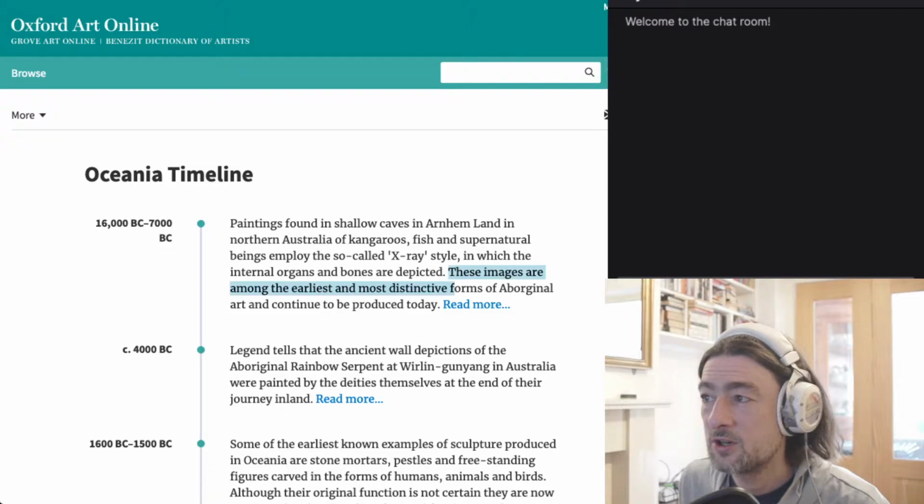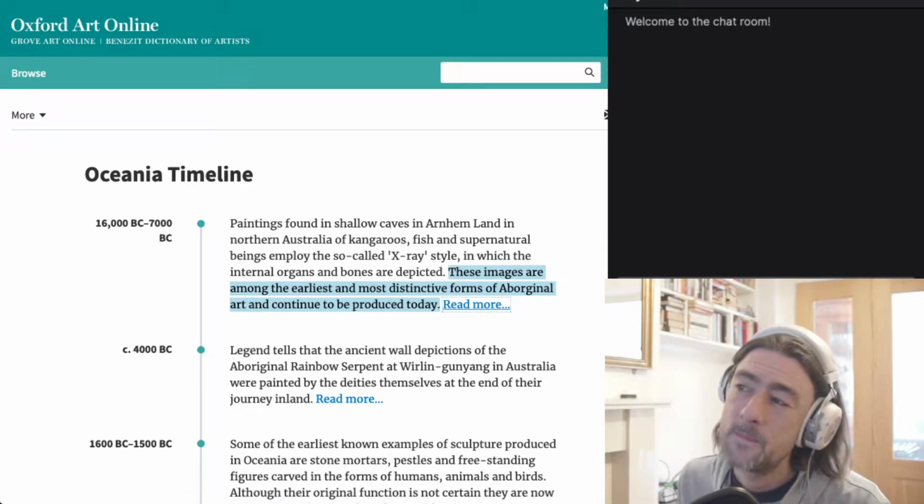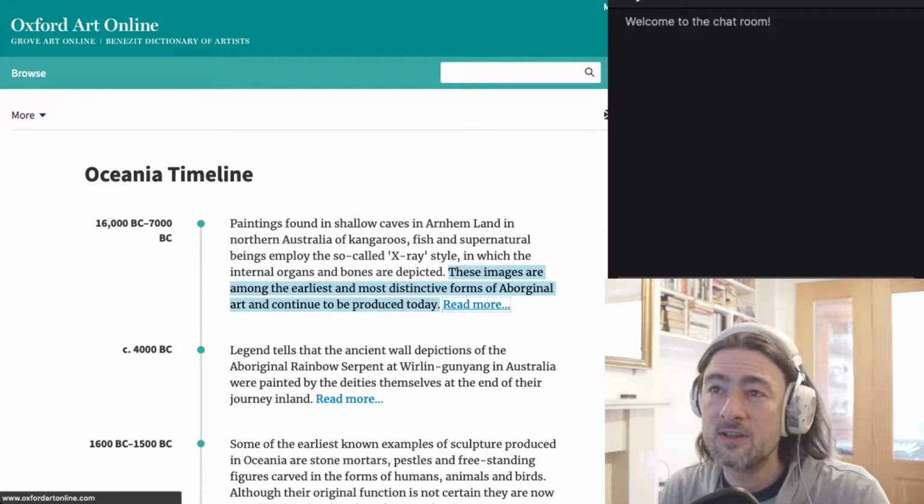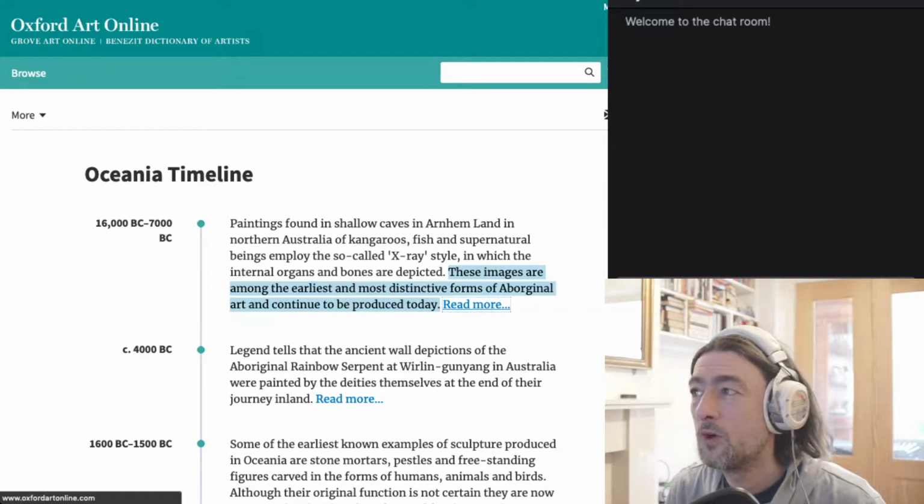These images are among the earliest and most distinctive forms of Aboriginal art and continue to be produced today. So I thought that was really interesting. I just thought, what is going on?